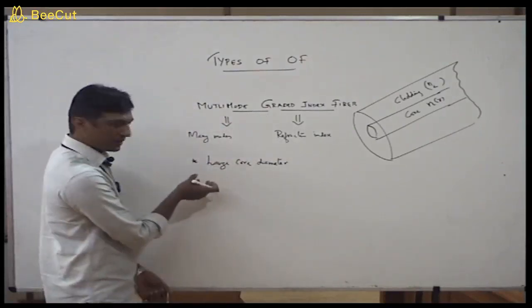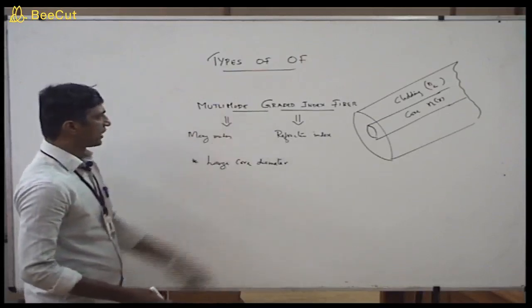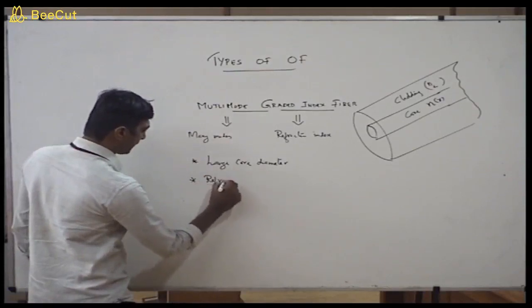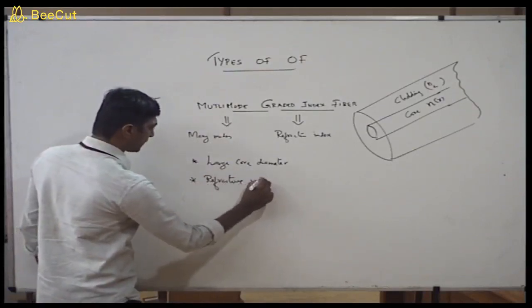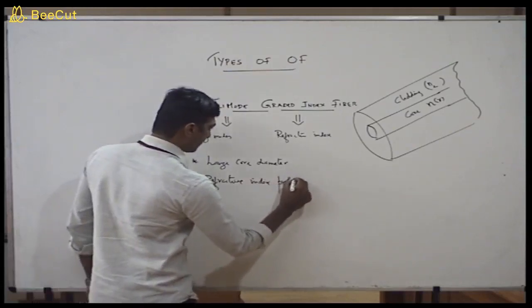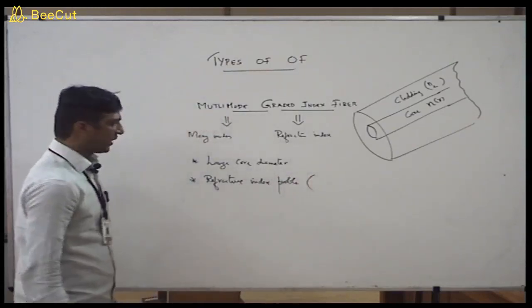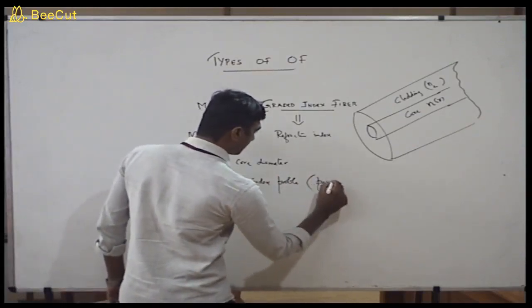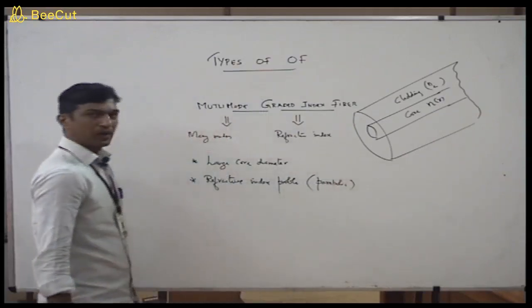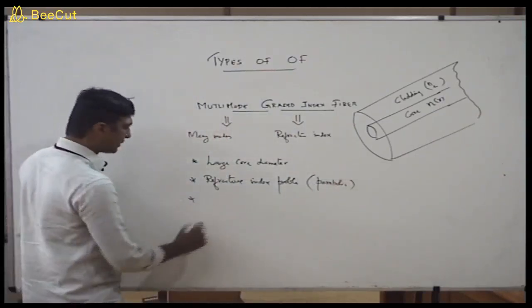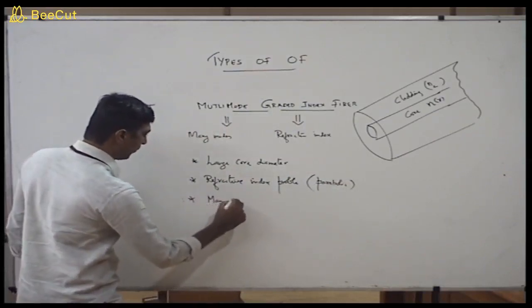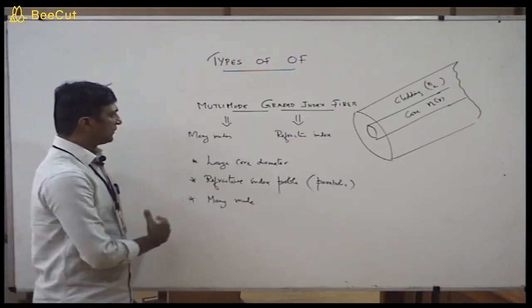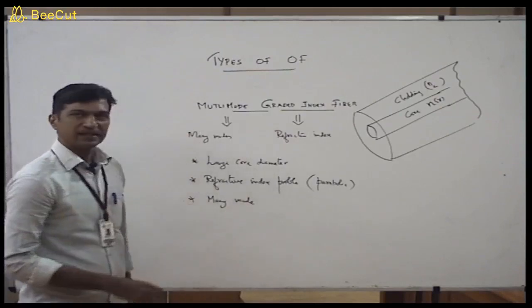So these are the features or characteristics of this multimode graded index fiber: large core diameter, the refractive index profile is parabolic, and the last feature is it supports many modes.